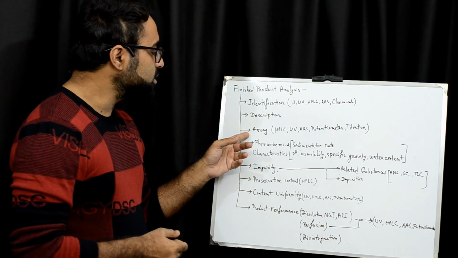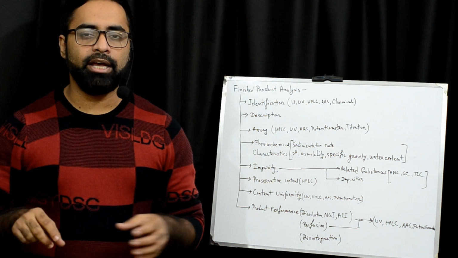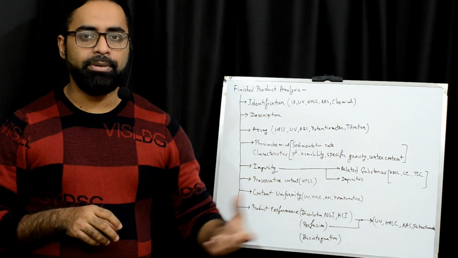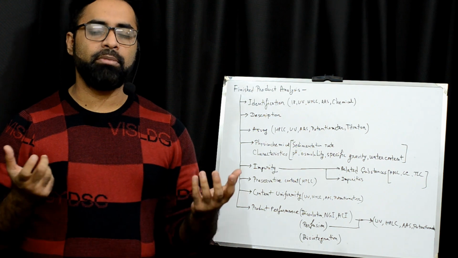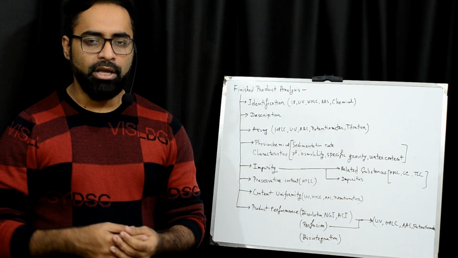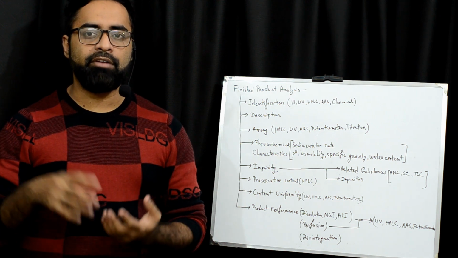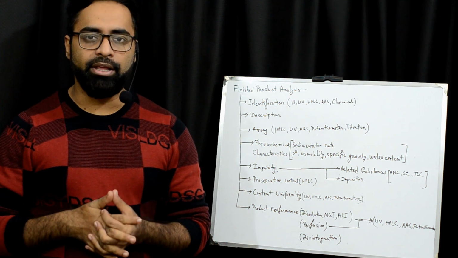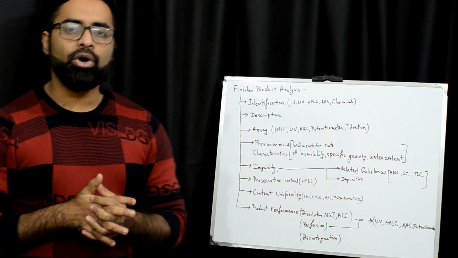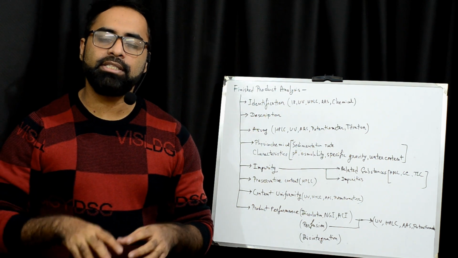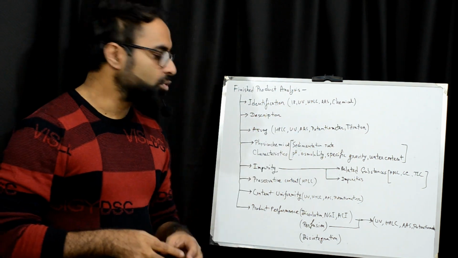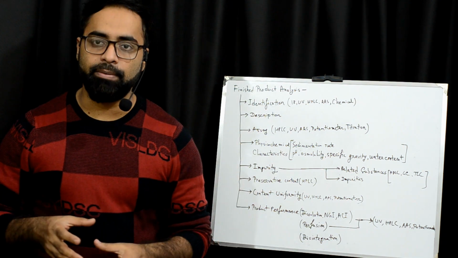It doesn't necessarily mean that all tablets have the same amount of that API. For example, if I say I have 500 mg of paracetamol, that doesn't mean that in the strip each of the 10 individual tablets contains 500 mg of paracetamol. It may vary. To ensure that each tablet contains a similar amount of that API, we must perform content uniformity.